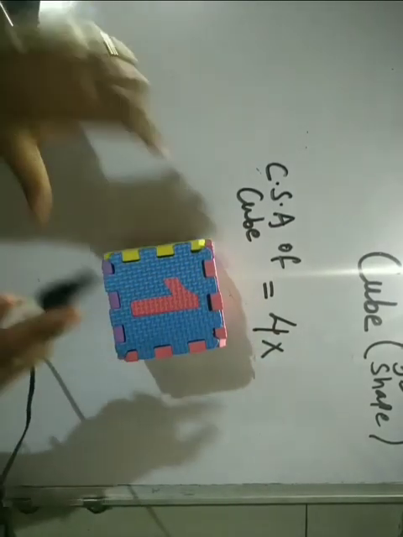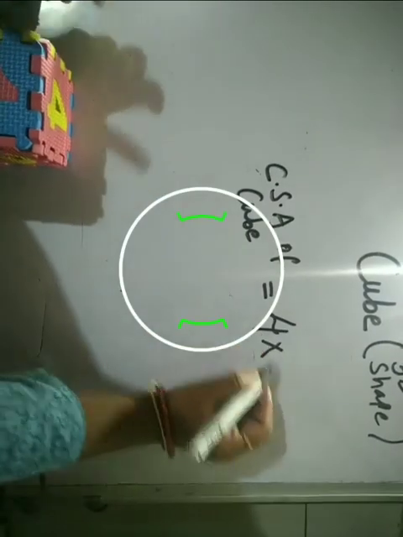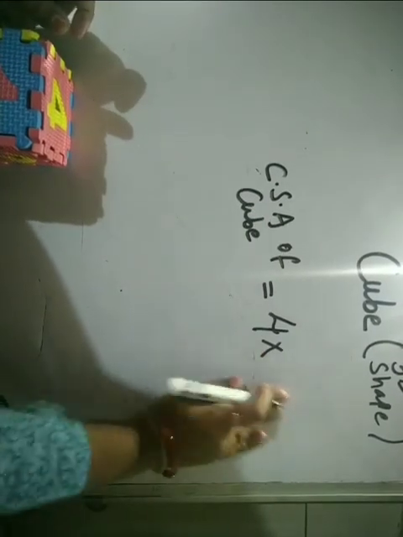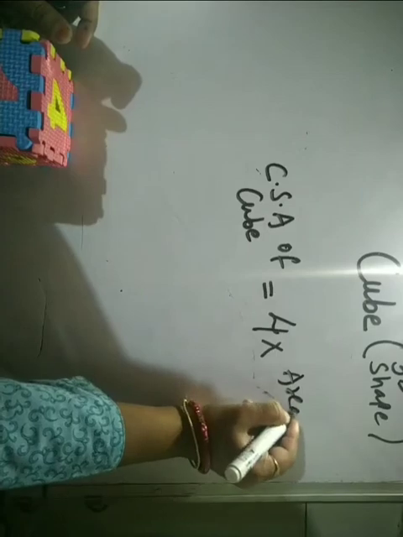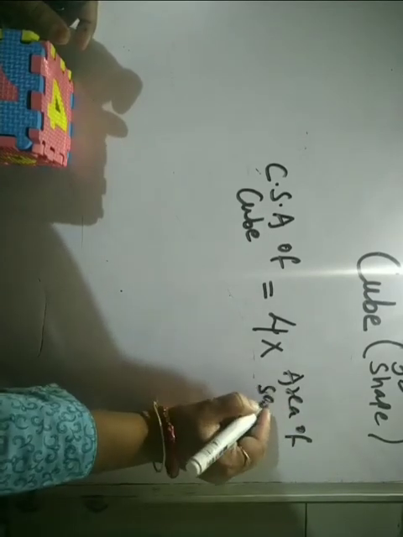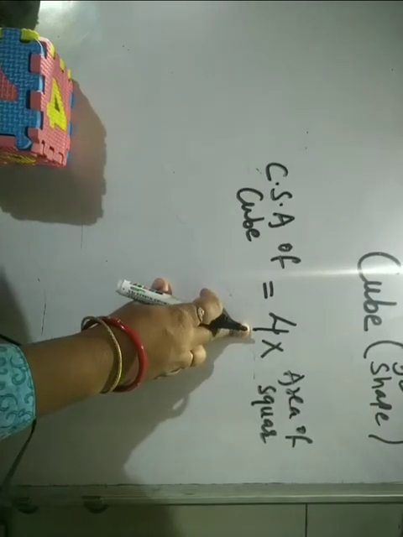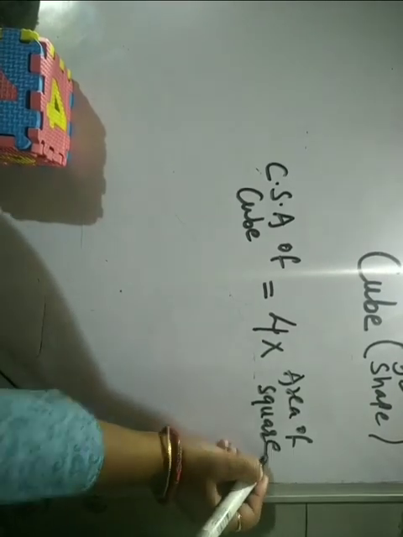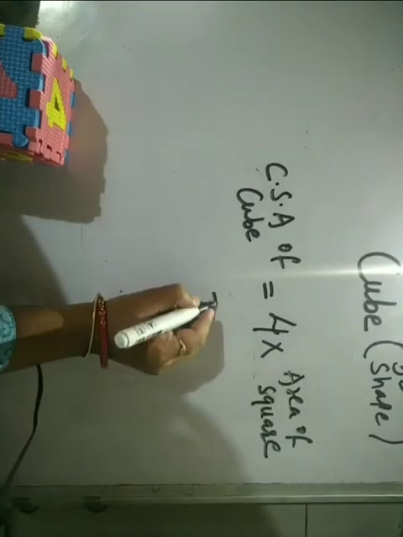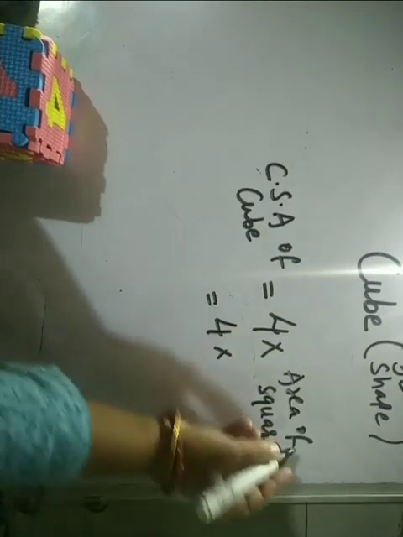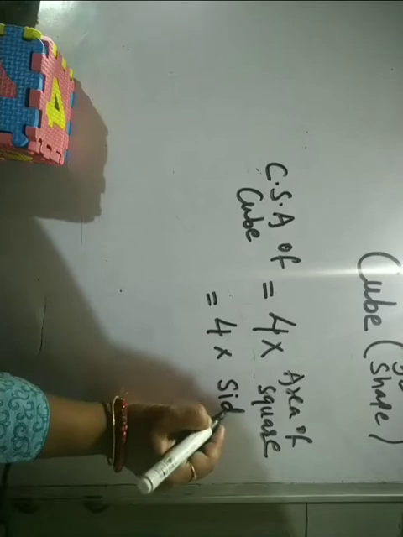So while calculating curved surface area, we will multiply the area of square, and because the curved surface contains 4 squares, it will become 4 into area of square, which is side square.